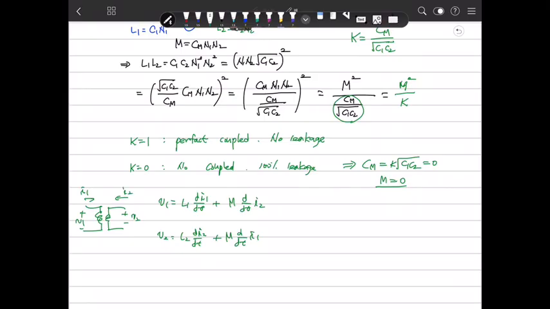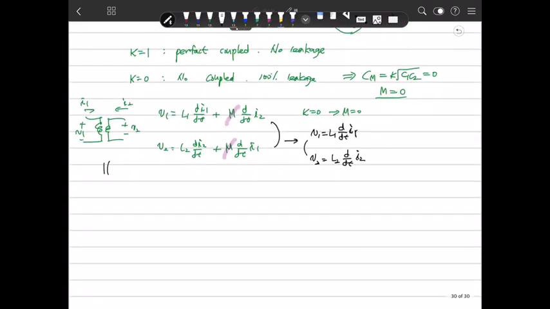Here K is 0, meaning M is 0. So V1 is L1 di1/dt, and V2 is L2 di2/dt. That's it. That means there is no coupling between the two coils. It is simply one inductor and the other inductor, not coupled.